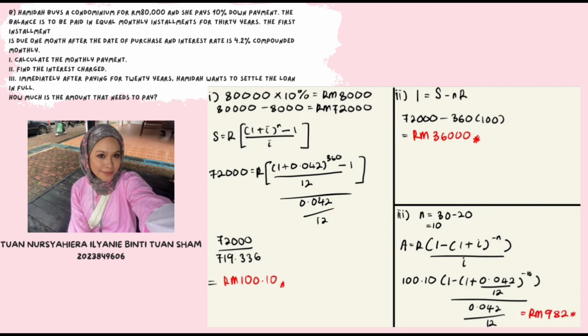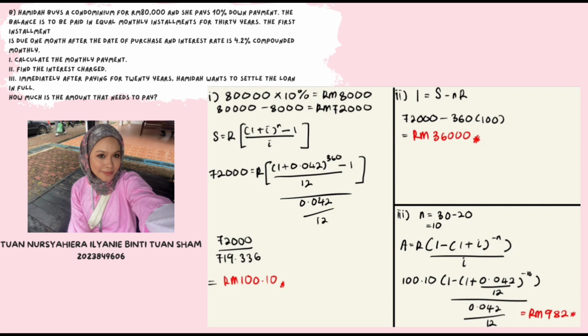For part 1, 80,000 times 10% equals RM 8,000. 80,000 minus 8,000 equals RM 72,000. S equals R[(1 + i)^n minus 1] over i.